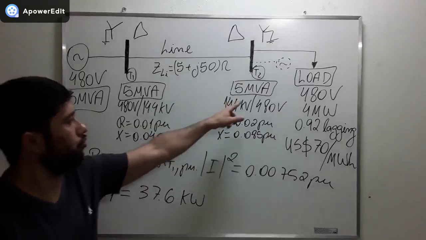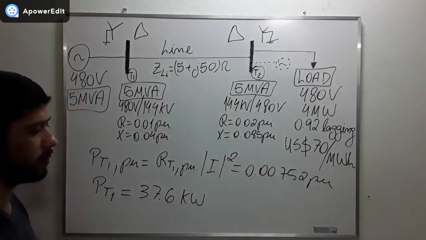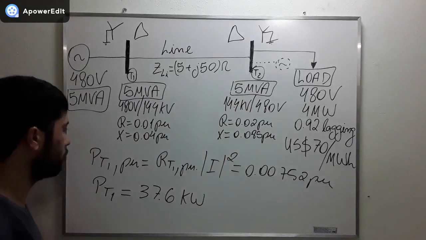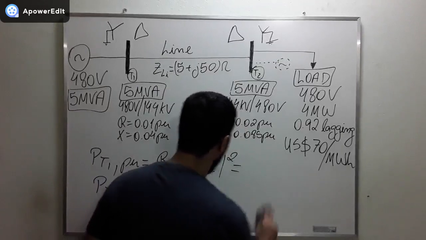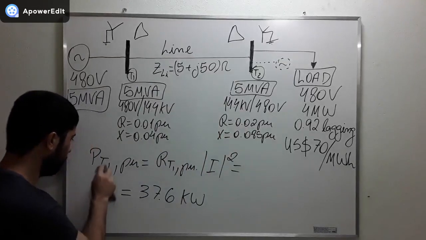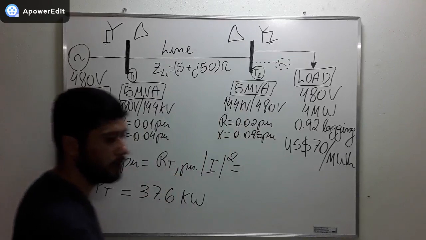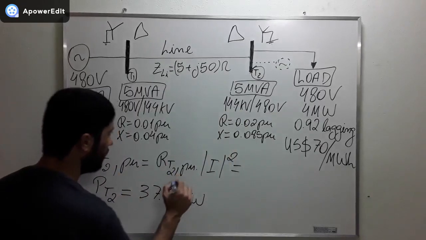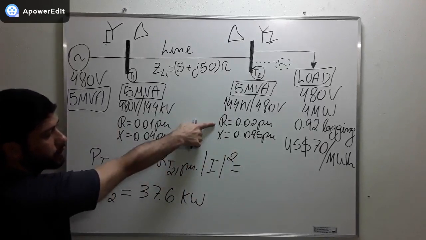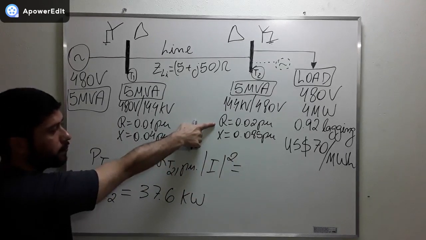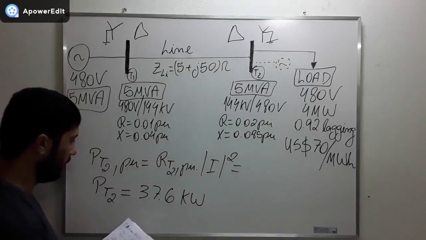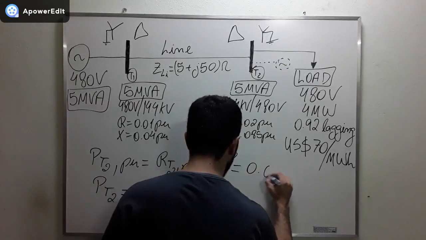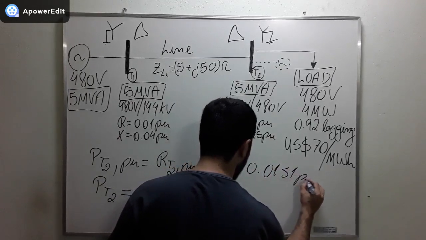Now what we need to do is to use the values for transformer number 2 to find the amount of power lost in transformer number 2. So what we need to do is to simply change here and here, and transformer number 2 here. It's going to be this value here that we're going to use for the resistance, and the current is the same, and then what we find is 0.0151 per unit.